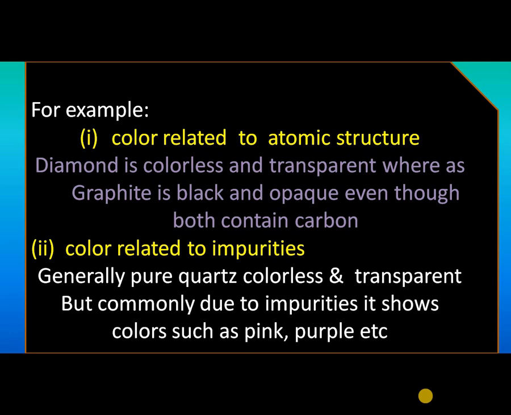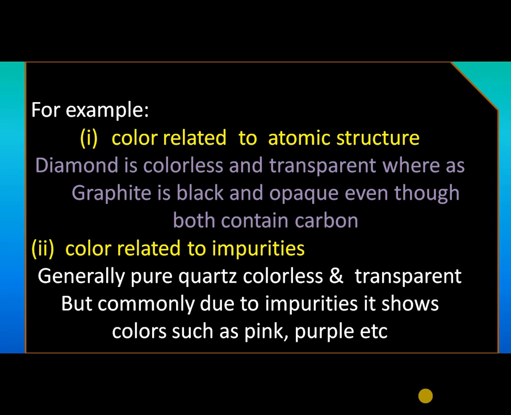For example, whatever we discussed, the internal arrangement of atomic structure or the presence of impurities. See, the diamond is colorless and transparent, whereas graphite is black and opaque, even though both contain carbon.